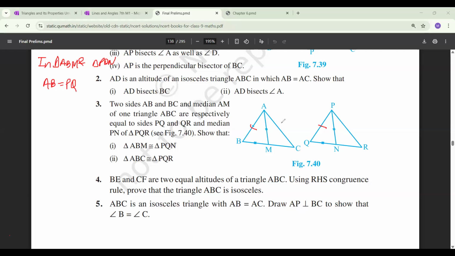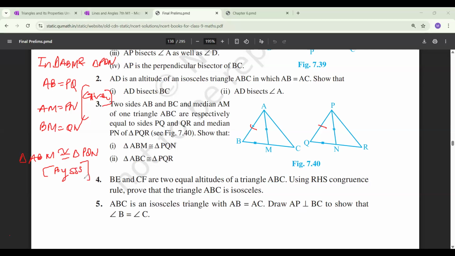They have said AM is equal to PN, and BM is equal to QN. This is all given. So they are congruent by SSS. Very simple. They are congruent by SSS, right, guys? Yes, sir. Triangle ABM is congruent to triangle PQN by SSS. Okay, very simple.